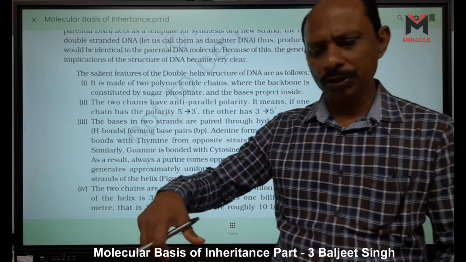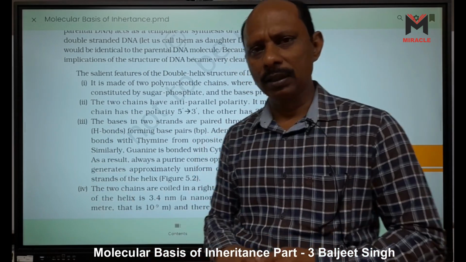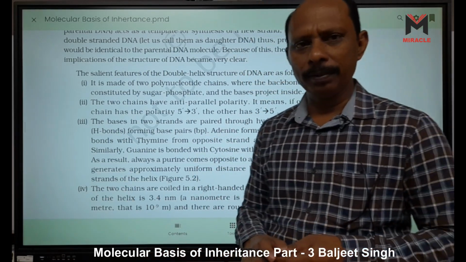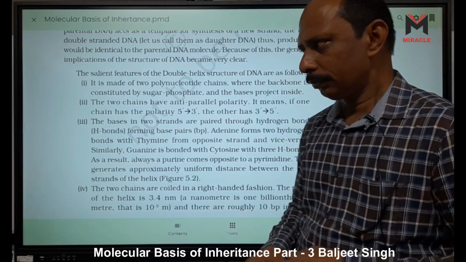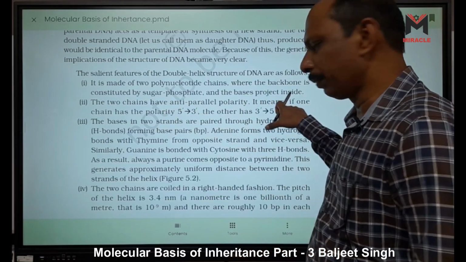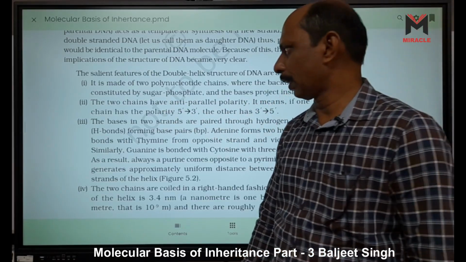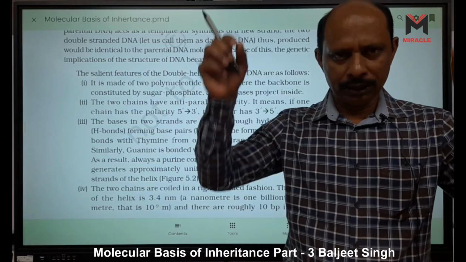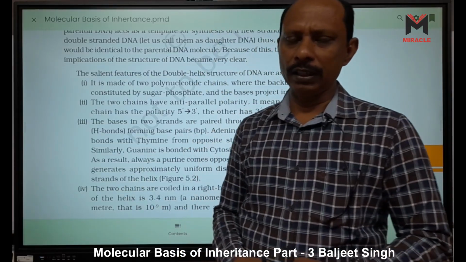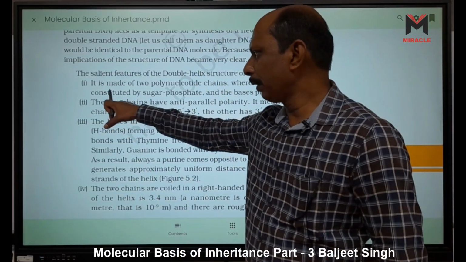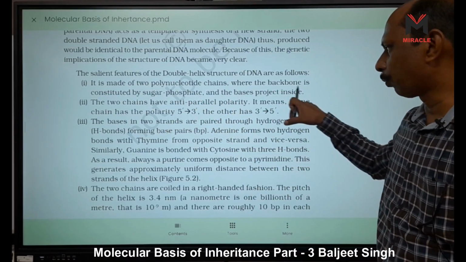The sticks in between these two strands are made up of nitrogen bases and their hydrogen bonds, and the strand is made up of sugar and phosphate.